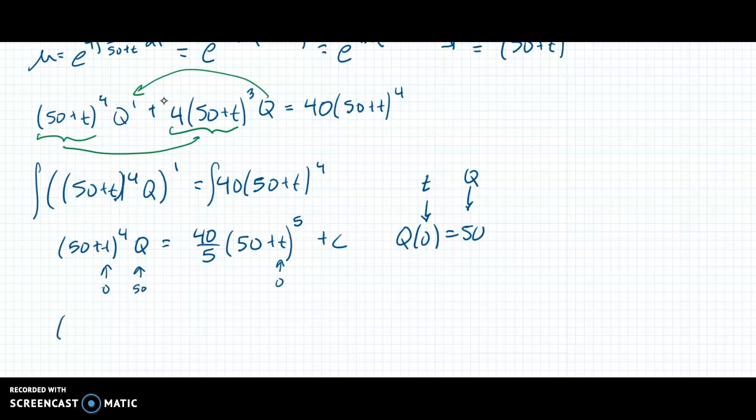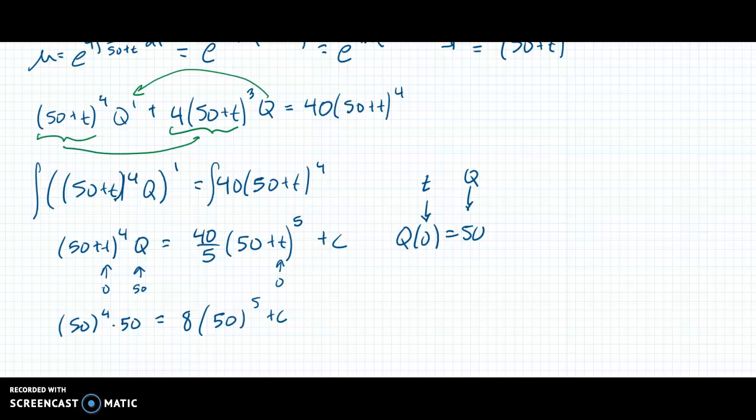That's nice because I get 50. Well, I don't even want the parentheses. I'll write it: 50 to the fourth times the q is 50 equals, all right, 40 over 5, is that 8? 8 times (50 to the fifth plus c).